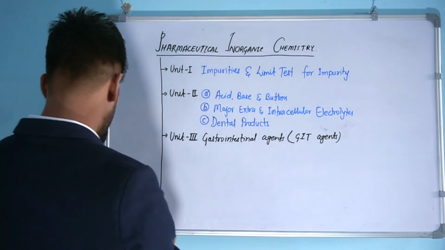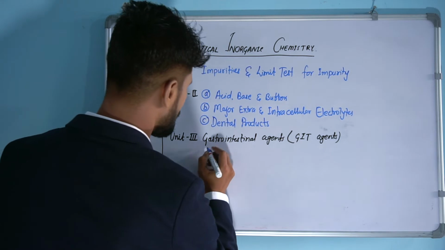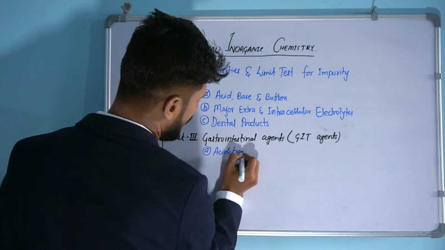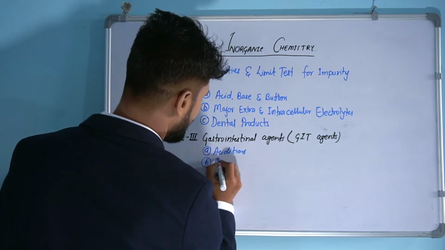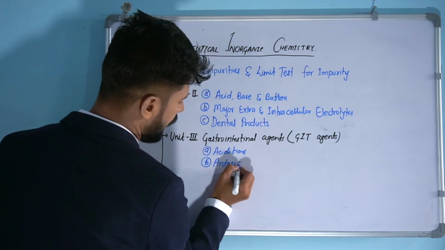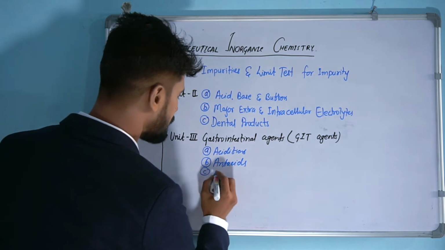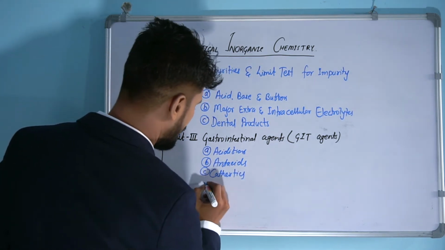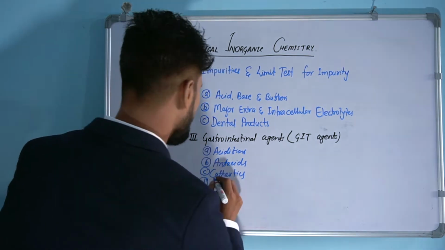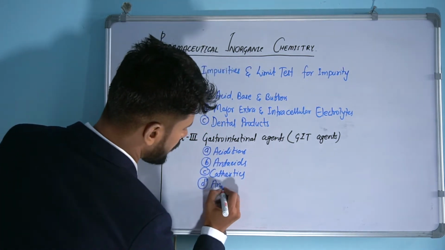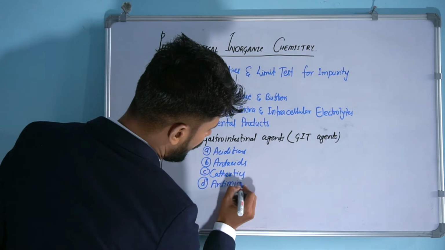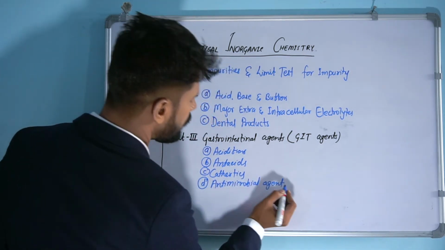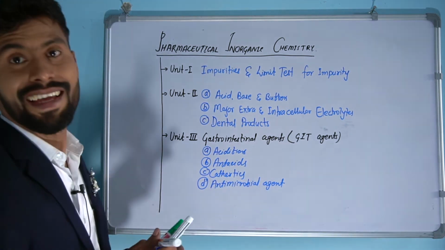In this you have to study acidifiers, antacids, cathartics, and you will also study antimicrobial agents. So these things you are going to study under GIT agents.